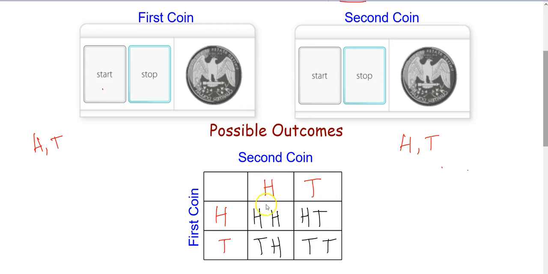So these four, HH, HT, TH and TT, are the total possible outcomes from the first and second coin put together. The first letter is from the first coin and the second letter is from the second coin.